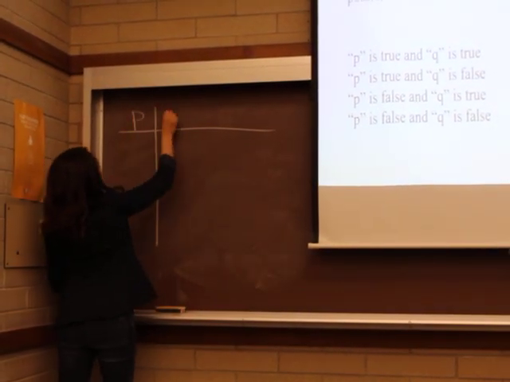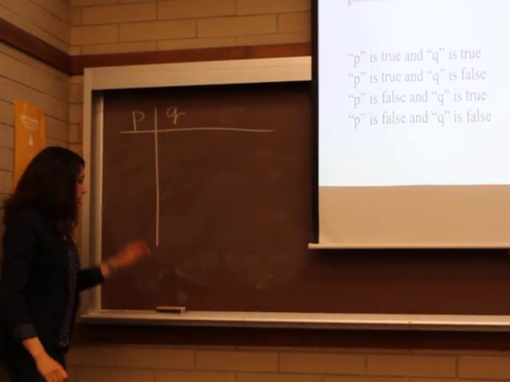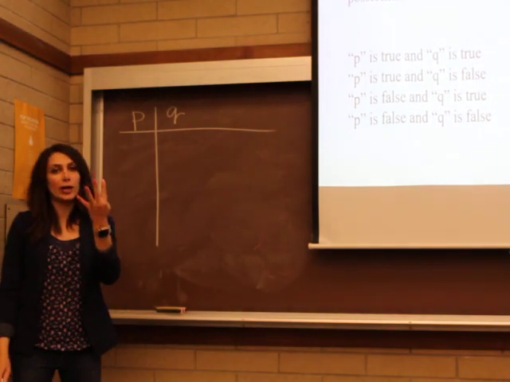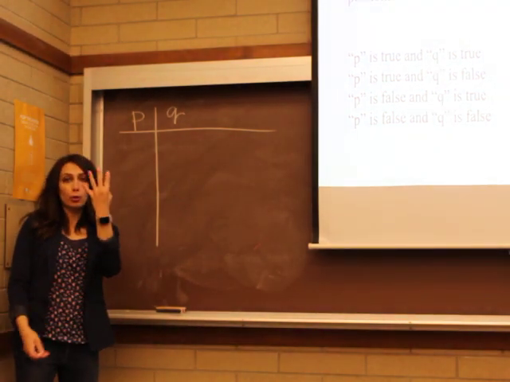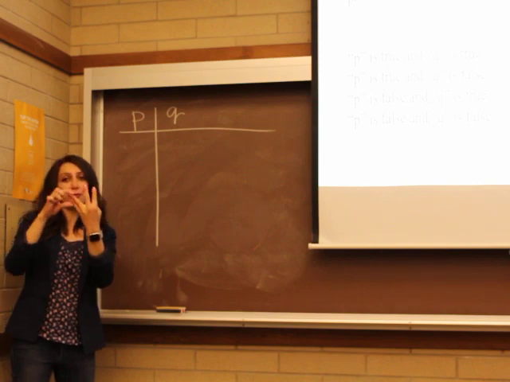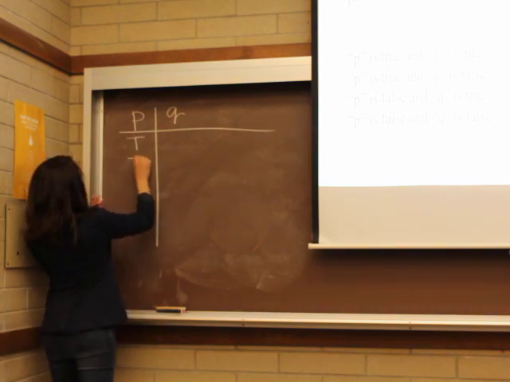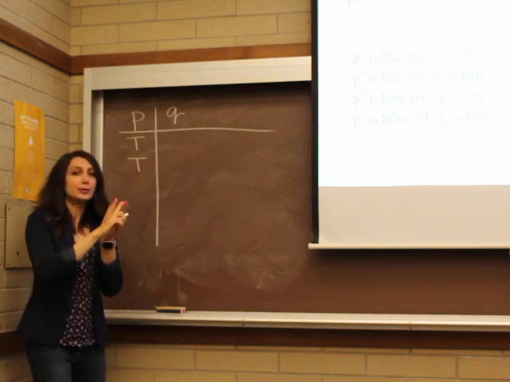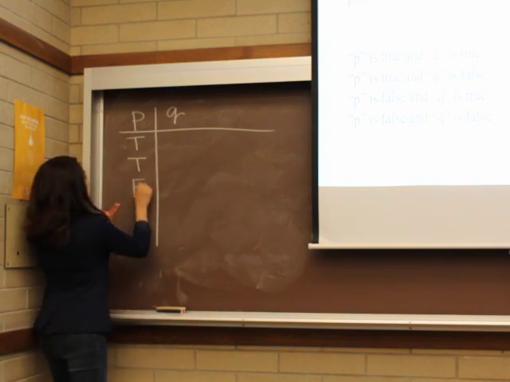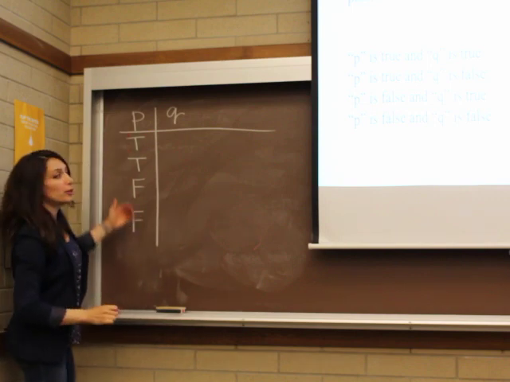This is P, this is Q. We have 4 possibilities when you have 2 statements. Well, 4 possibilities. For half of that, which means 2, your P is true. For half of that, 2 is false. So you have 4 possibilities.